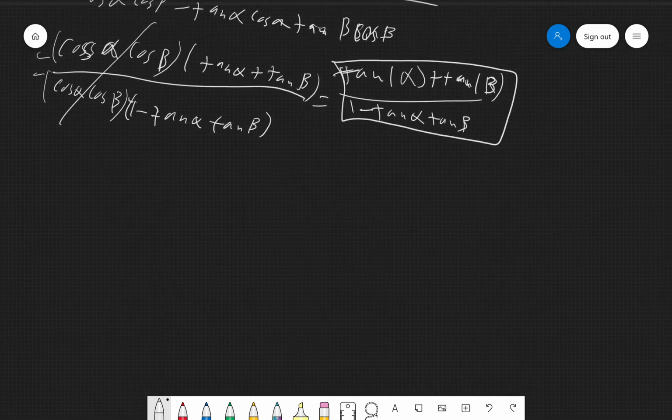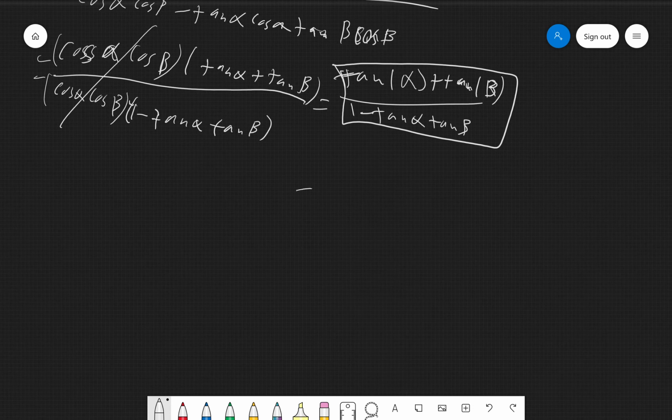I'll leave this as an exercise, but now the tangent of alpha minus beta. Just plug in negative beta.